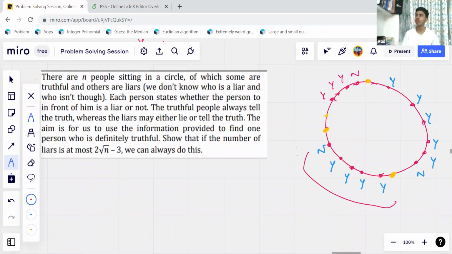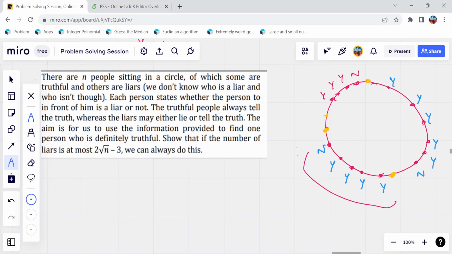If you were just told the responses and you saw a long chain of yeses, you would be tempted to point to one of them and claim that they are truthful. But the problem is it might just be someone pretending to tell the truth.